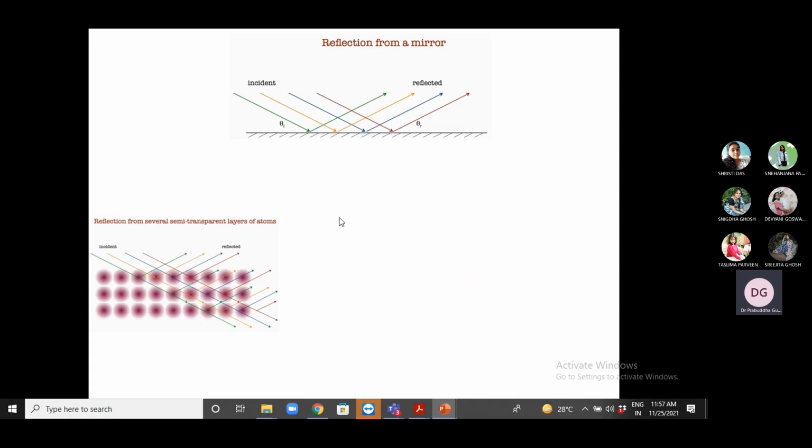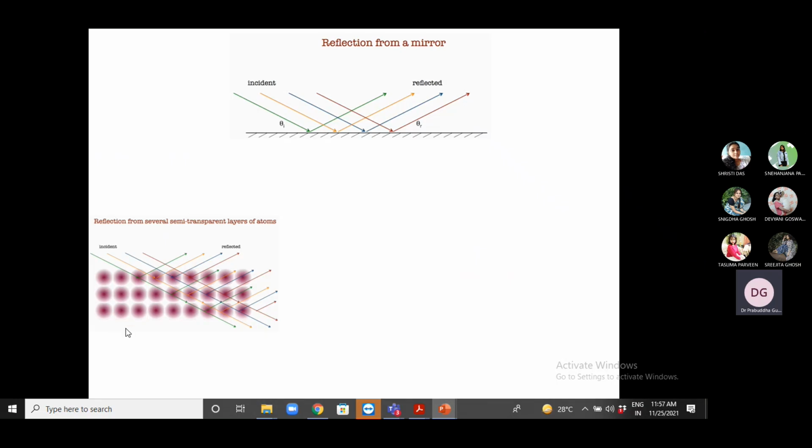Everyone knows about reflection: light falls, and the angle of incidence and the angle of reflection are equal. The same thing we will now discuss, taking into account not a mirror but a layer of molecules in a crystal.